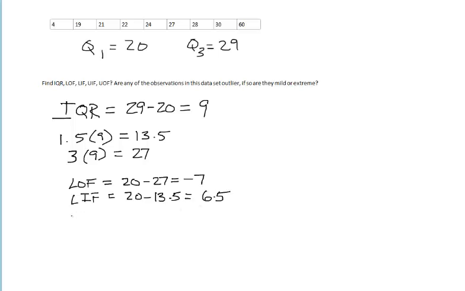And then we need our upper inner fence, which is equal to Q3, 29, plus 1.5 times IQR, so plus 13.5, which gives us 42.5.